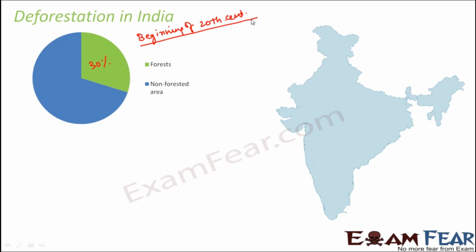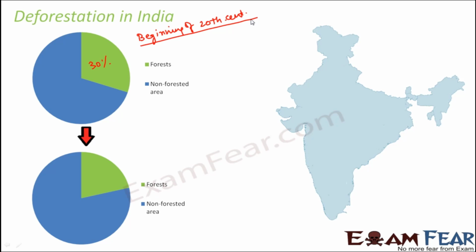Now what happened towards the end of the century, that means after 100 years? Instead of forests increasing, now when your forest area increases, that means plants are increasing in number. Your greenery is increasing.